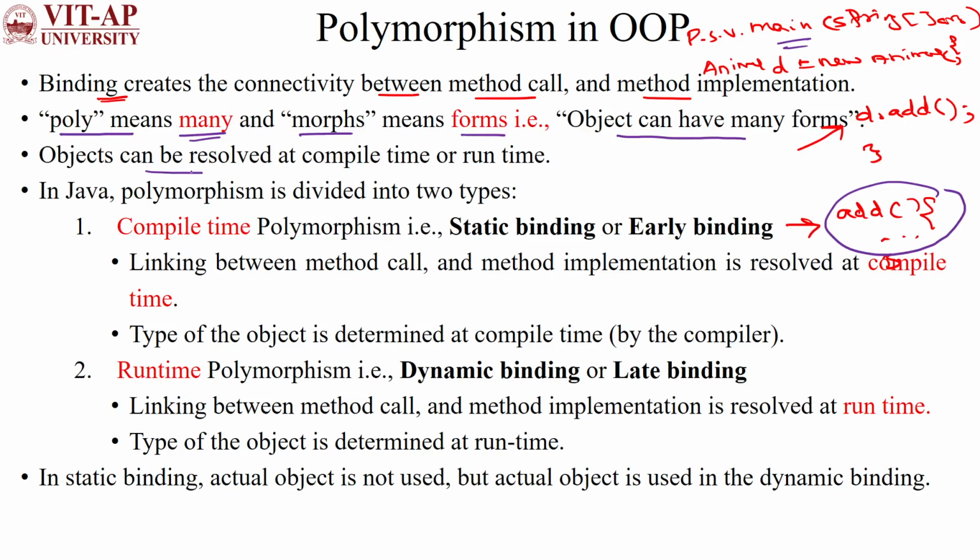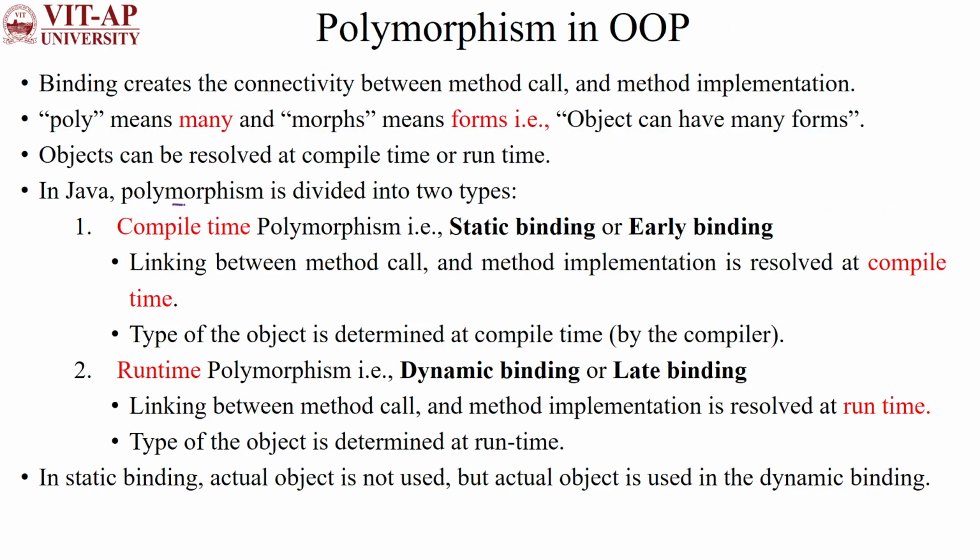Objects can be resolved during compilation time or during runtime. Based upon that, we have two types of polymorphism. One is compile time polymorphism, which is also called static binding or early binding, which creates the link between method call and method implementation during the compilation time of the program.